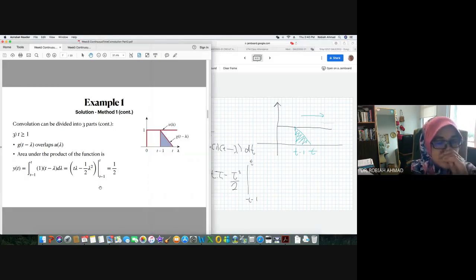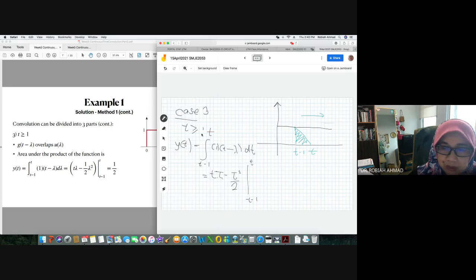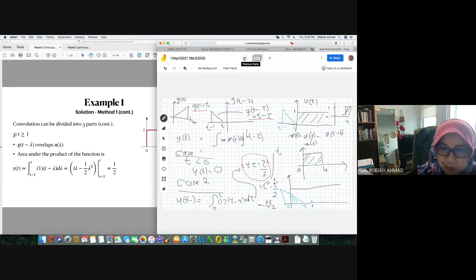Okay, so when we put the value of t here, the value will be 1/2. So for this one, y(t) will be 1/2. Okay, so go back. First it is 0 and then we have a quadratic function here, t square over 2. One way to plot it is to put it into an Excel file, or we can expect it to look like this.